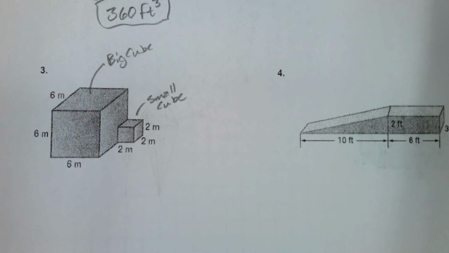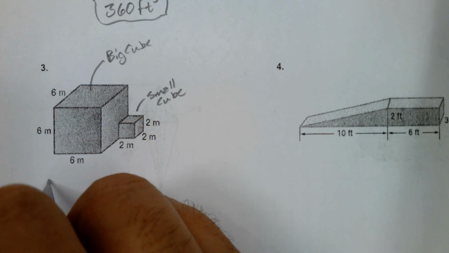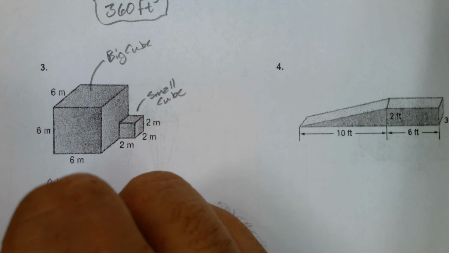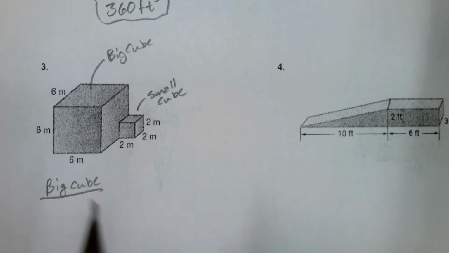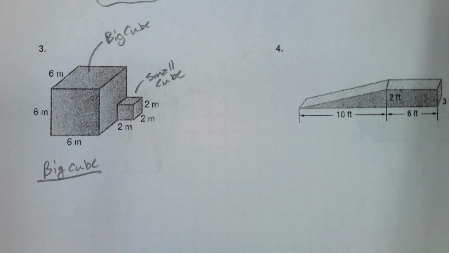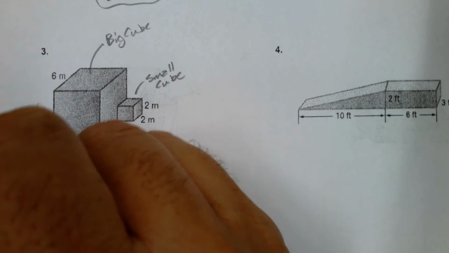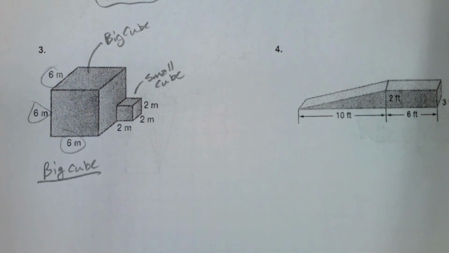How do I find the volume of, well, let's start with a big cube. It's really just a prism, a rectangular prism. So if I know all 3 dimensions, what do I do with these 3 dimensions? Multiply.